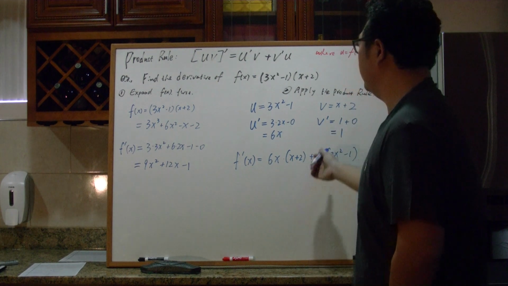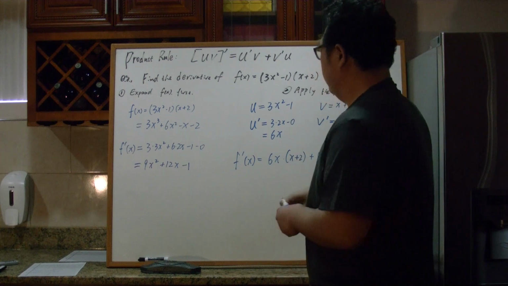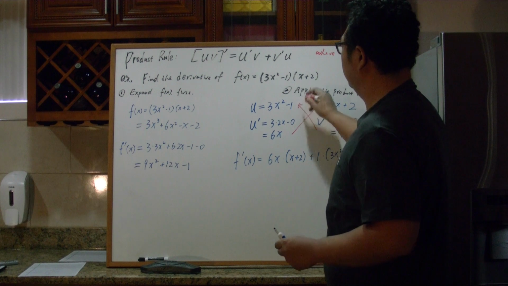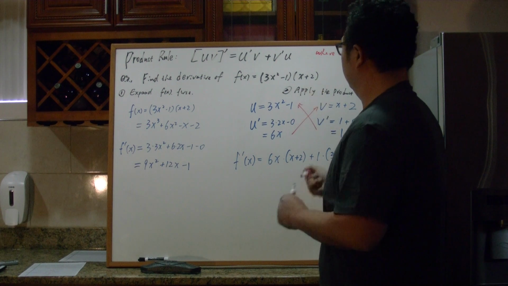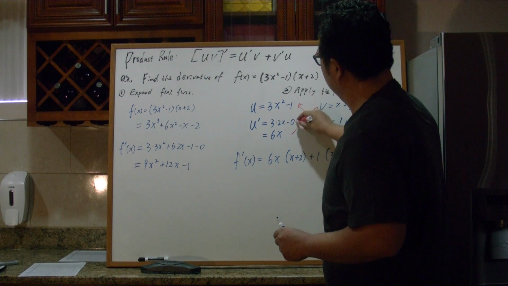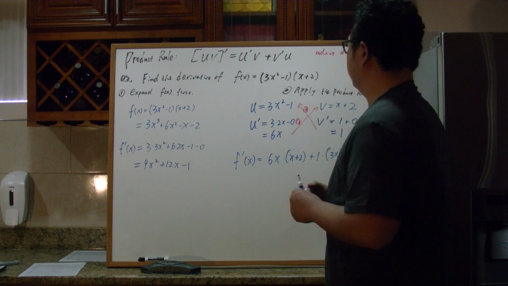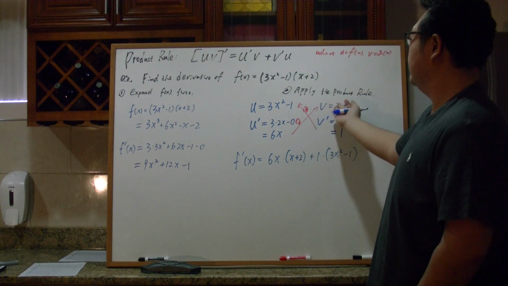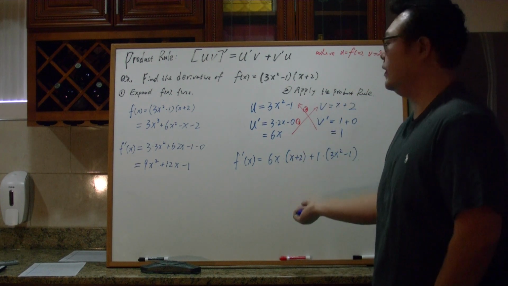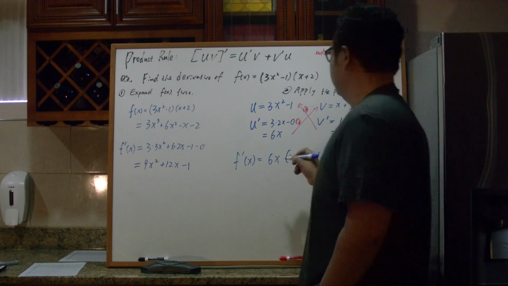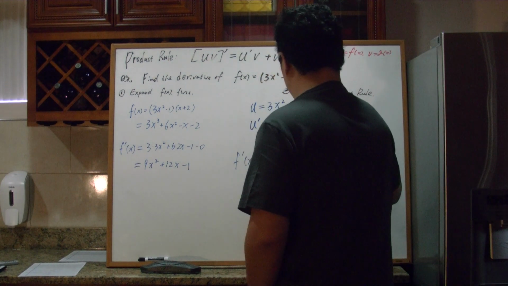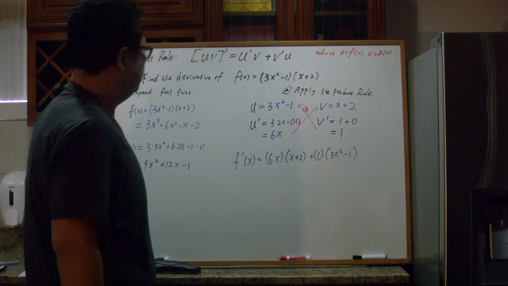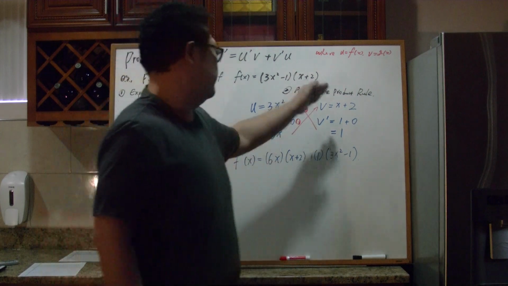Just apply the formula, in a first part and a second part. U prime, 6x, times x plus 2. Keeping parentheses is a better way. Sometimes keeping both expressions inside parentheses helps a little. V prime times u, plus u prime times v.